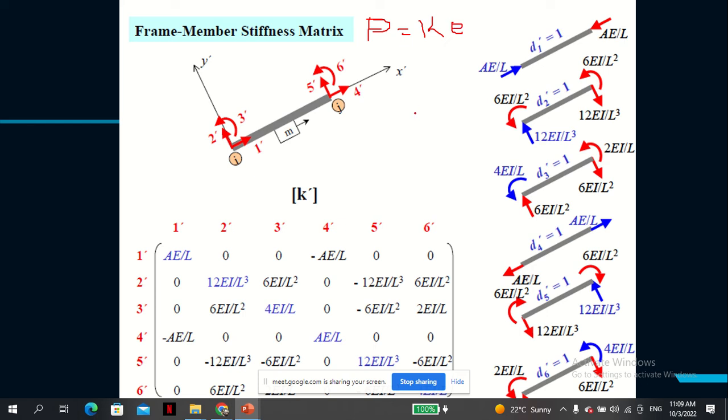All right. But this force also is equal to the stress times the area. So stress times the area, right? This force is the stress times area.